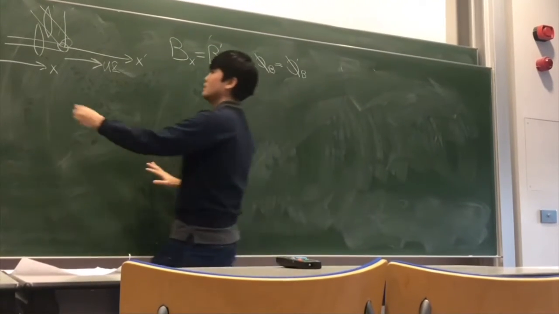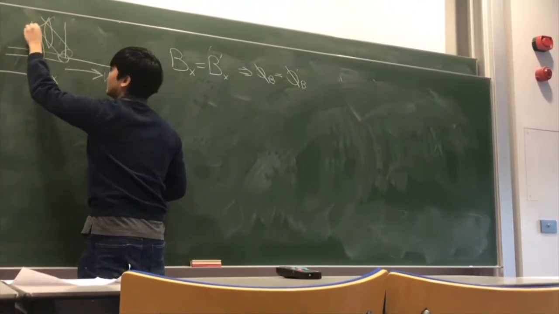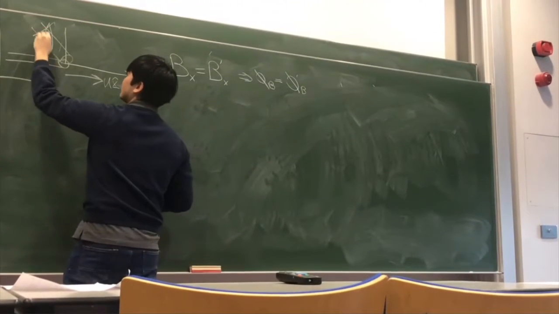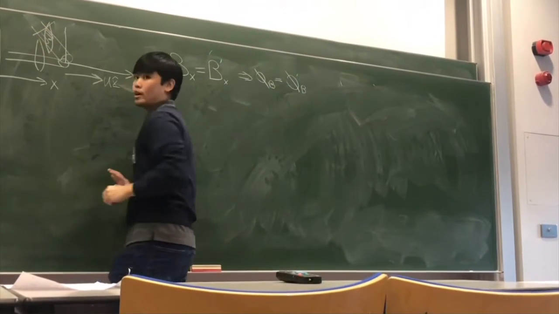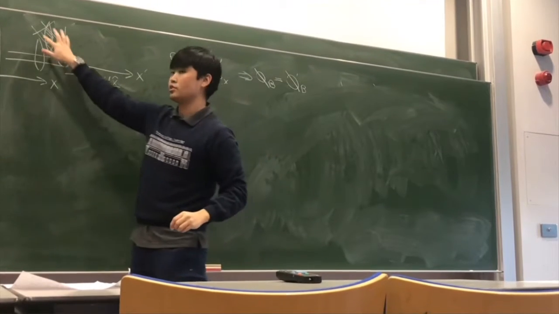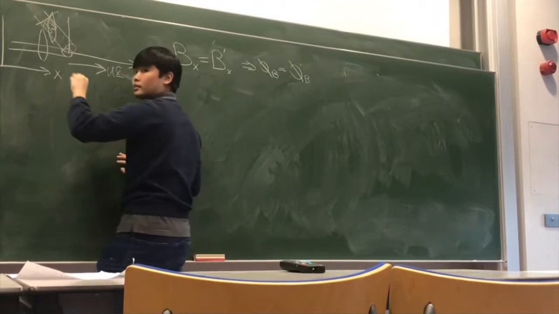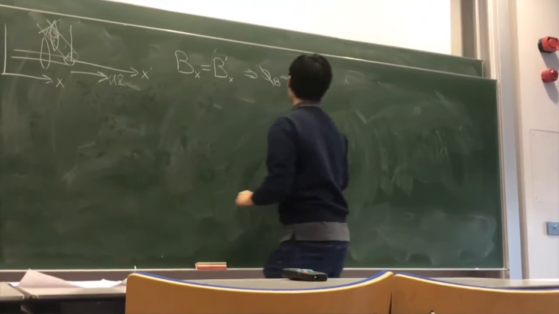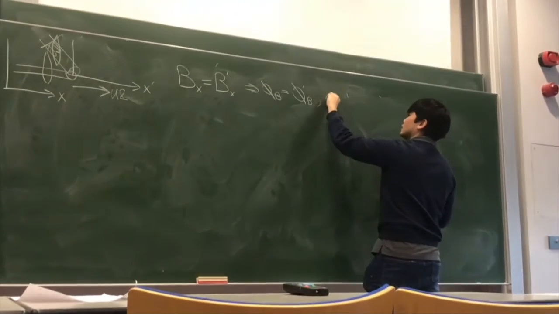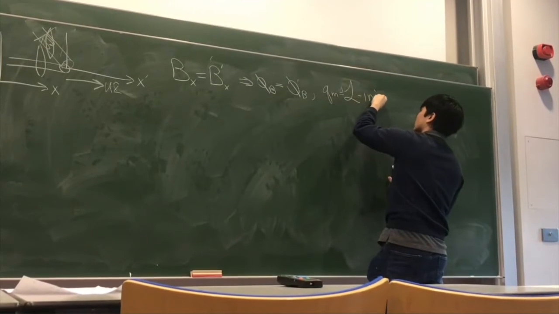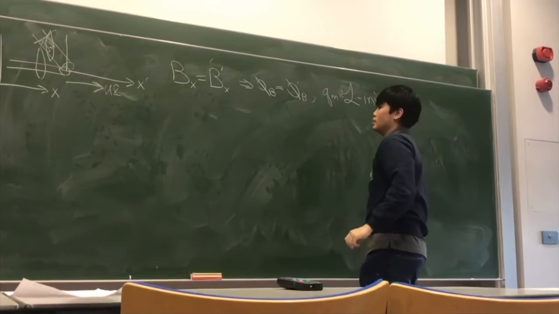And then you might ask, is it going to give the same flux as this surface? And the answer is yes, because the magnetic field is lying along the direction of this solenoid. So there is no contribution from the surface there. And so we conclude that the magnetic charge is Lorentz invariant. So that's one thing.